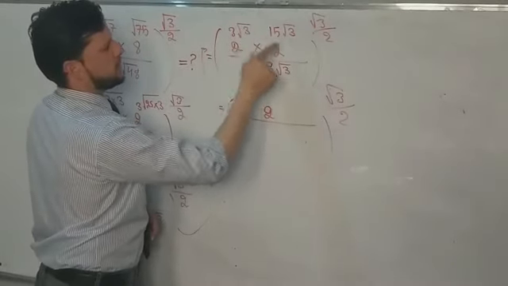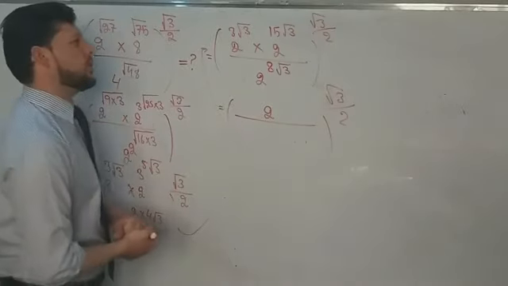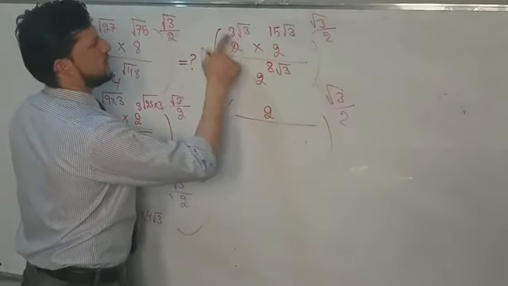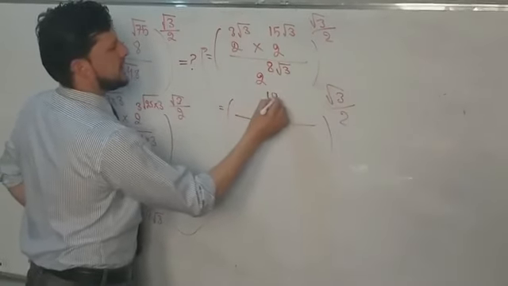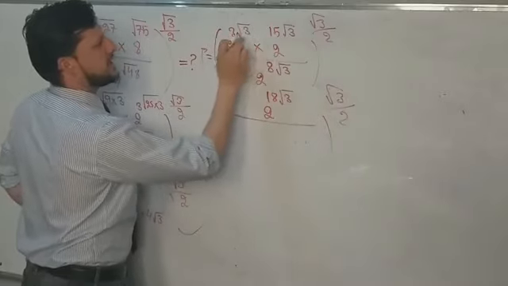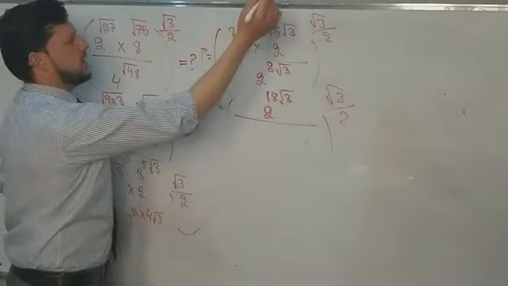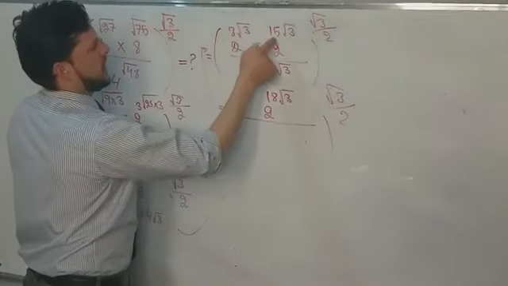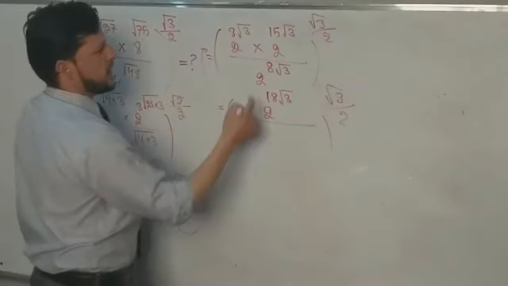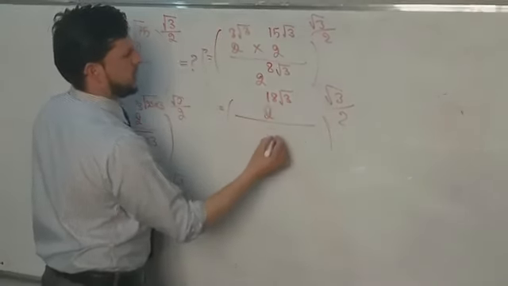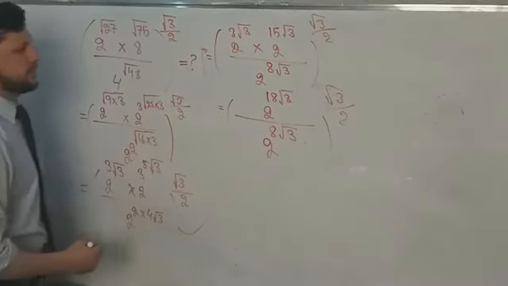You have to add the powers because the bases are the same. 3 plus 15 is equal to 18, and you cannot add this to the square roots because that's not the rule. You just add the coefficients of the square root of 3. So here you write 2 to the power of 8, the square root of 3.